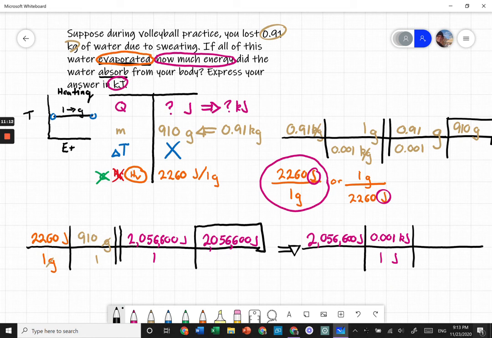This will allow me to cancel out my units, joules up on top, joules on the bottom, leaving me with just my kilojoules. Because that's the unit I'm trying to get to, I can now put that second line to say equal to. So now I'm going to multiply across the top, 2,056,600 times 0.001 kilojoule, gives us 2,056.6 kilojoules. And that's going to be over 1, which I think by now we can just say simplifies, divide by 1, gives us that answer, 2,056.6 kilojoules.